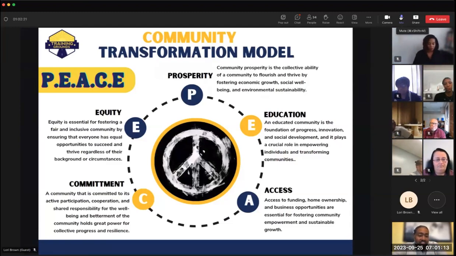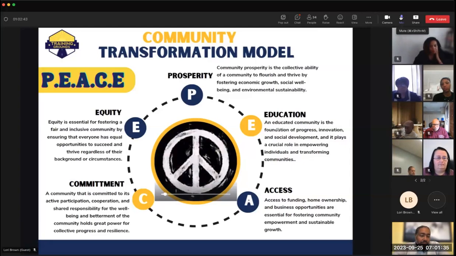It's the foundation of progress for social development, and plays a crucial role in empowering individuals and transforming communities. So our programs are education-based. We understand that education is a foundation to not only gaining employment, but to self-assurance, esteem, community pride. It's a very important component.